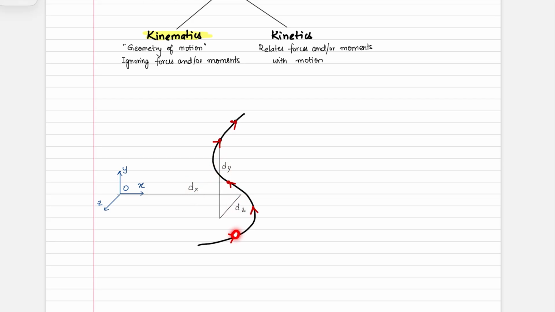So every point, whether it's this one, this one, this one, they're all defined by just their distance from the yz plane, the distance from the xz plane, and the distance from the yx plane.